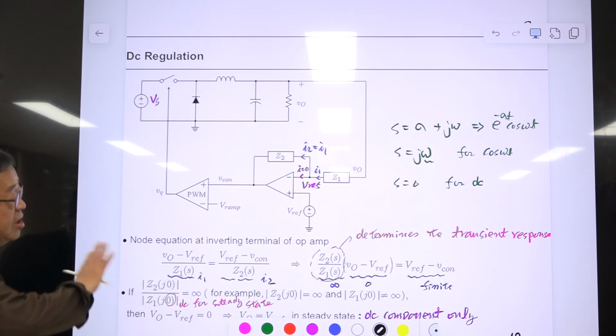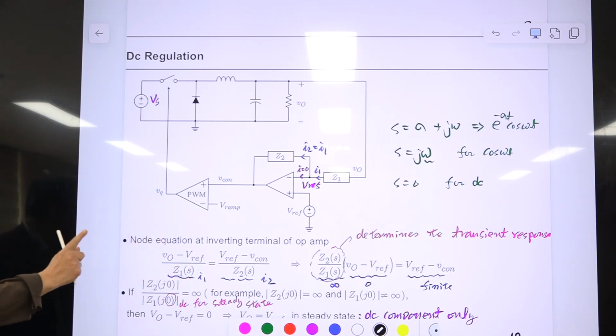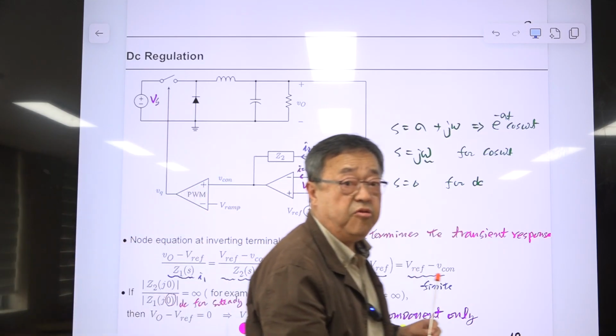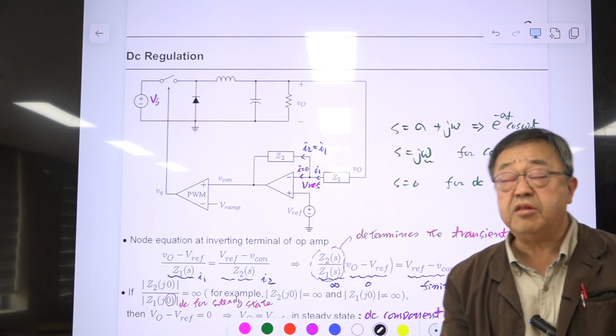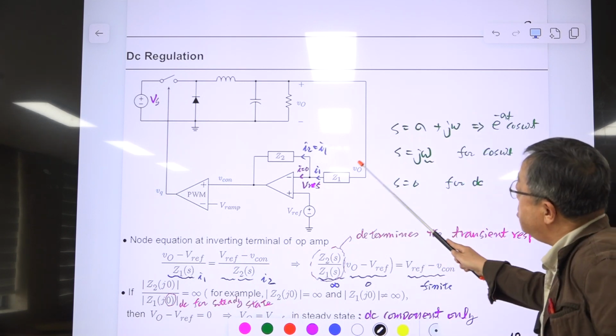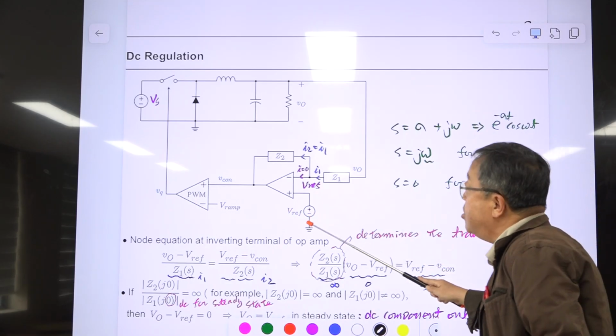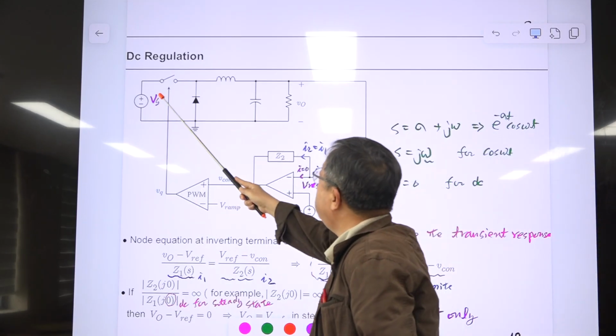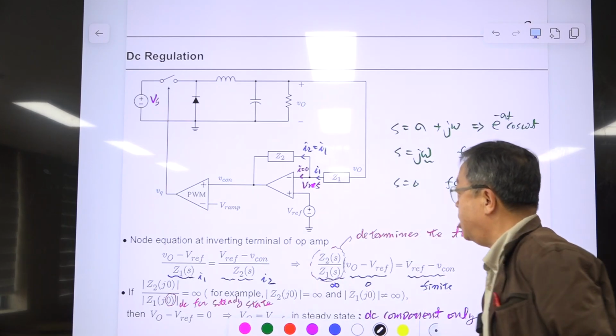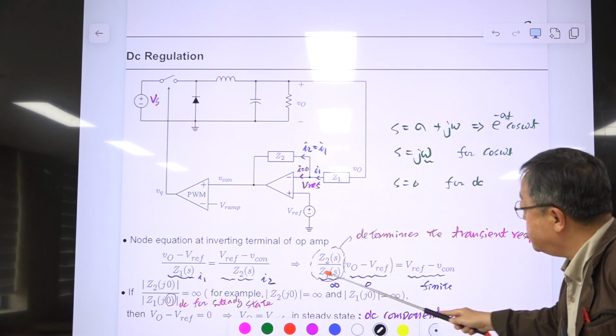I rearranged this for only one purpose, to show the DC regulation mechanism. DC regulation means in the steady state you want to have this output voltage fixed at this reference value regardless of any change in here, and operational mode. So this is the equation.